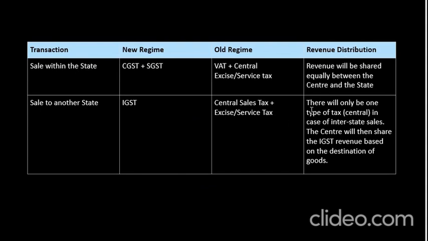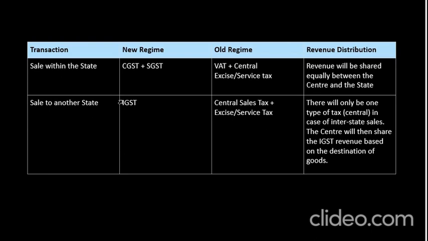So the revenue distribution is that there will only be one type of tax in case of interstate sales, that is IGST. The center will then share the IGST revenue based on the destination of goods. As there is involvement of different states, the center will be in charge of collecting IGST, and then the allocation of the revenue will be distributed based on the destination of the goods, in which state the goods have been delivered.